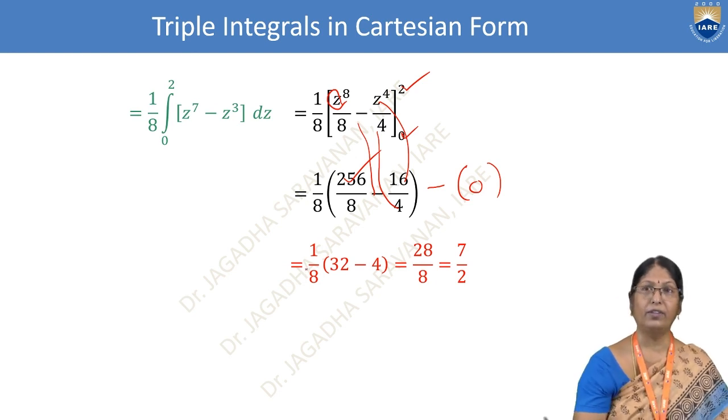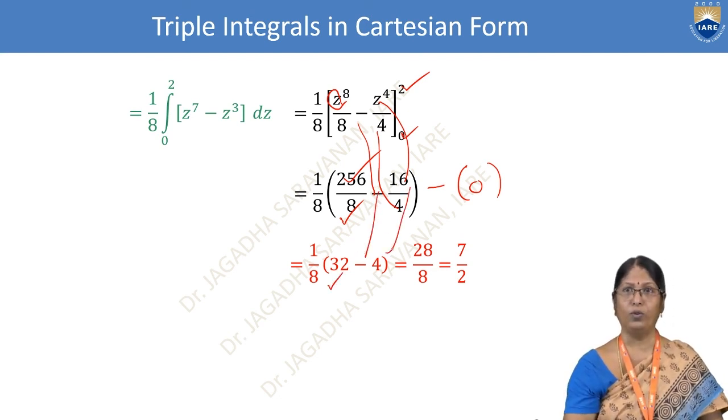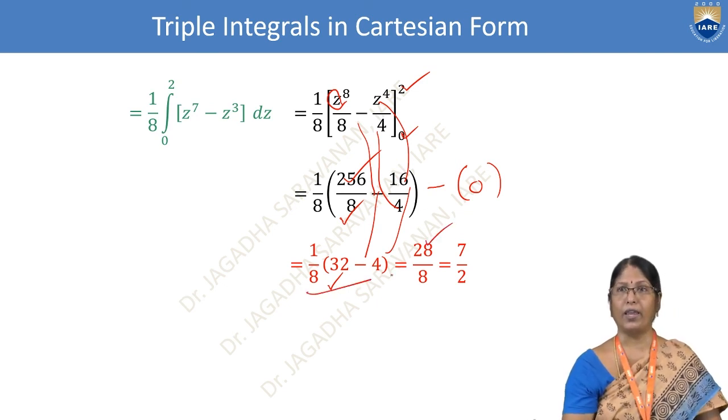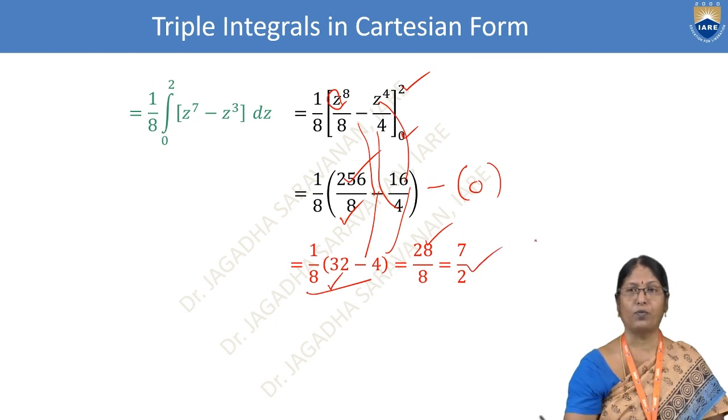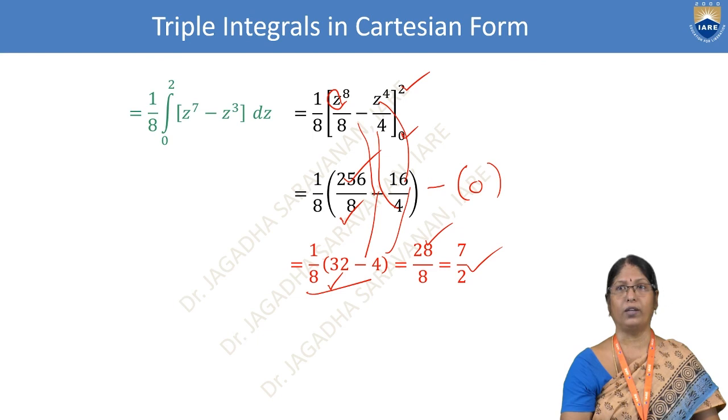So 1 by 8, the simplification: 256 by 8 is 32, minus as it is, 16 by 4 is 4. So simplifying this, we get 28 by 8, taking 4 as common in the lowest form. The result is 7 by 2.